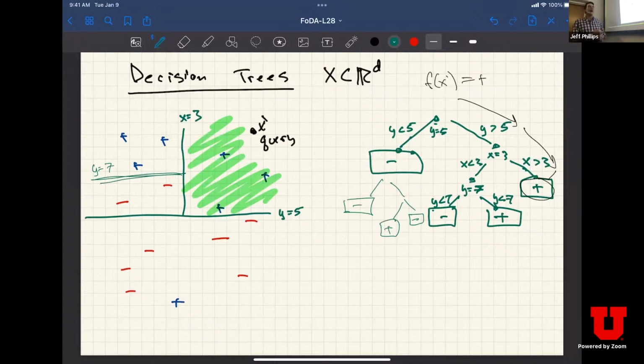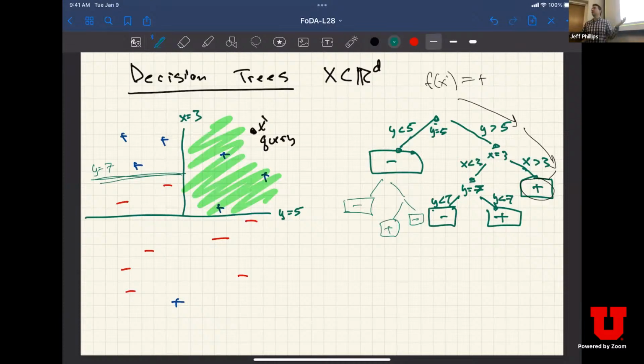I don't need to go further down. Maybe there is some chance that the true answer might be +1. Maybe that's because I refined it geographically or regionally, like if something happened down here, it really should be plus, or maybe I say that's noise, right?